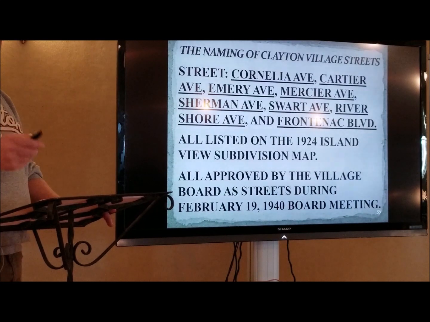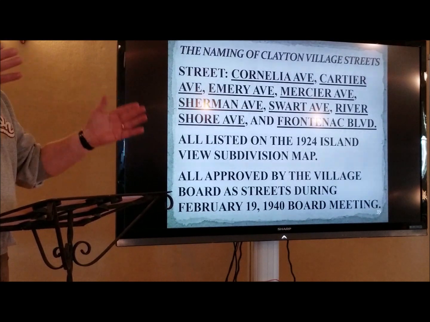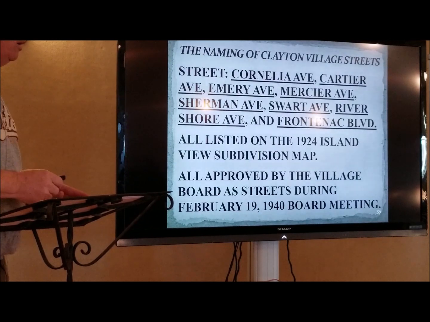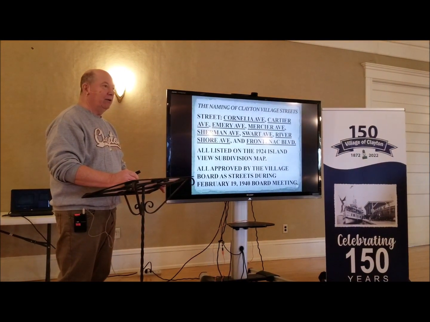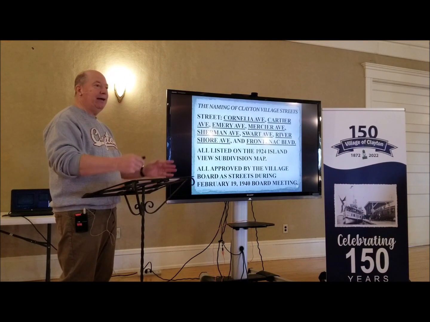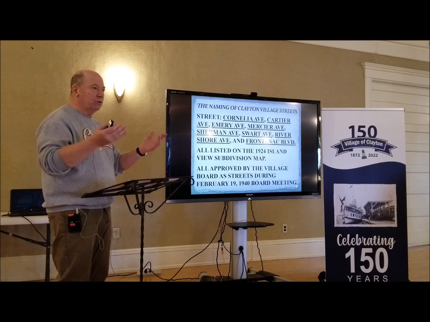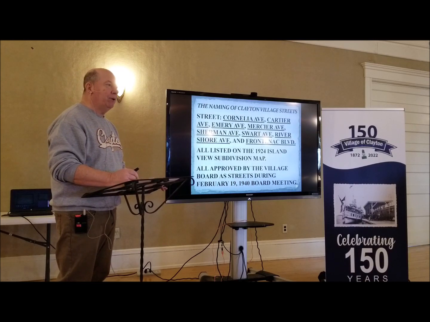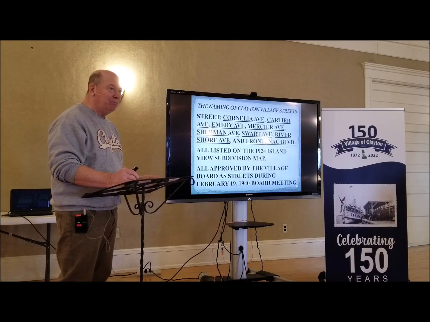Now, if you recall, in 1924, I had a map up there. All right, that's when that housing area for cottages primarily was developed by the Wagner and Albright Company out of Rochester. They came up and they saw this beautiful village and said, tourists were coming in. We want to have a place where we can make all these beautiful little cottages and we're going to make good money.